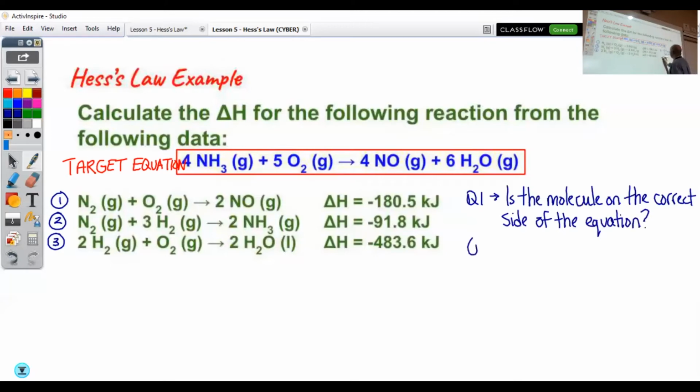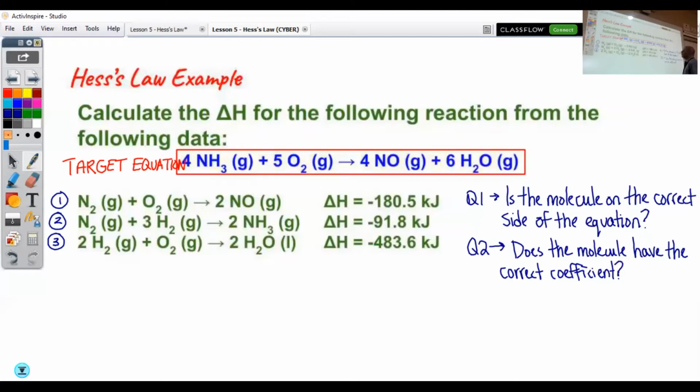And the second question is, does the molecule have the correct coefficient? So this becomes like a puzzle. We're using these three puzzle pieces to try and recreate this target equation.